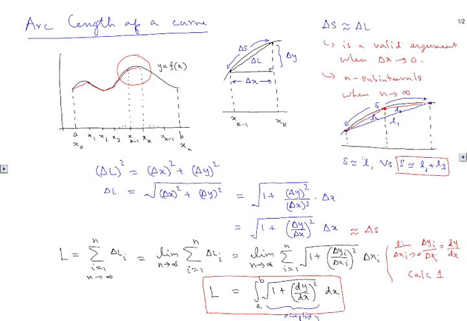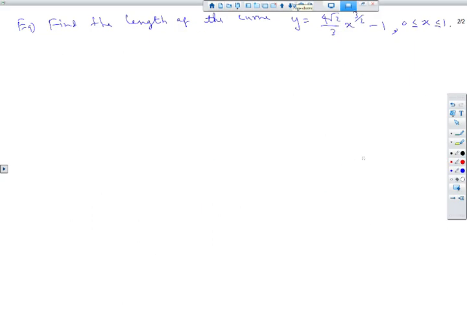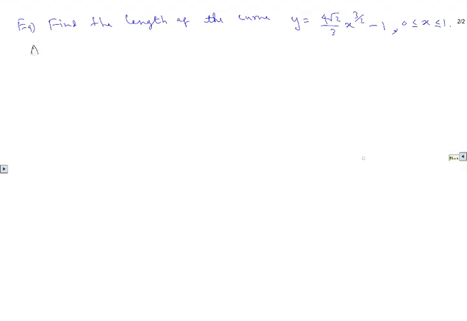So we have y equals 4 square root 2 over 3 x to the 3 halves minus 1. That means y prime, the derivative, is 4 square root 2 over 3 times 3 halves x to the square root.